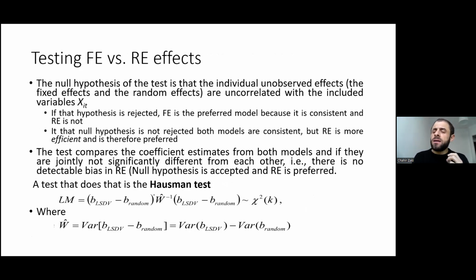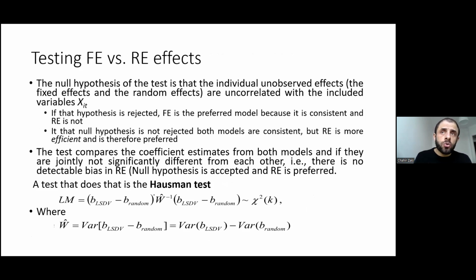And here, the rationale behind the test is very important, because I remind you that if I have to use the fixed effects model, but I use the random effects model, in this case, my estimates will be biased. Why?